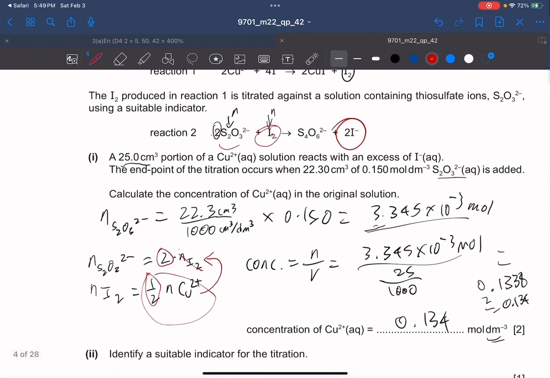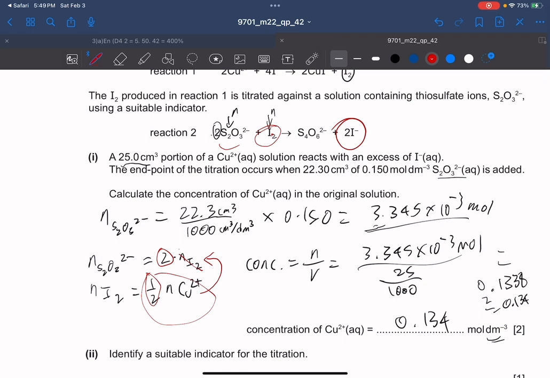If we can remember an indicator that reacts with iodine, that is going to be starch. If you can remember from maybe primary education, the test for iodine is actually starch, because if you have iodine, then the starch is going to be blue, otherwise it's going to be yellow.